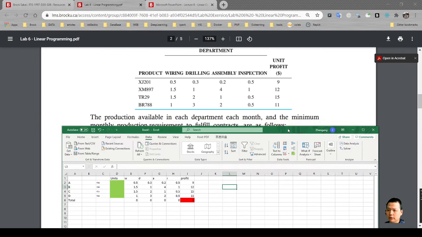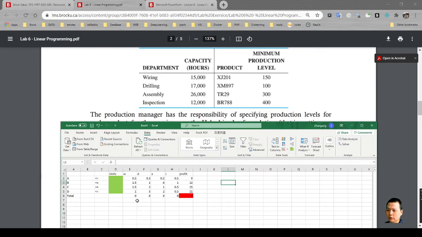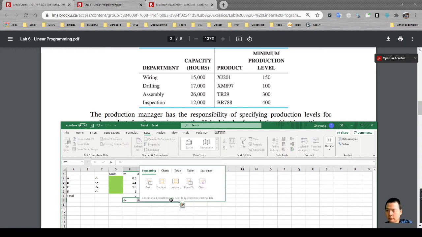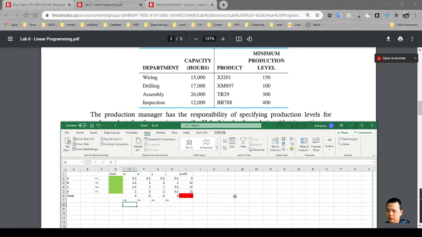Okay, this is the first table. Let's go to the second table. Here would be, sorry, hold on. Right? So we have a constraint here.